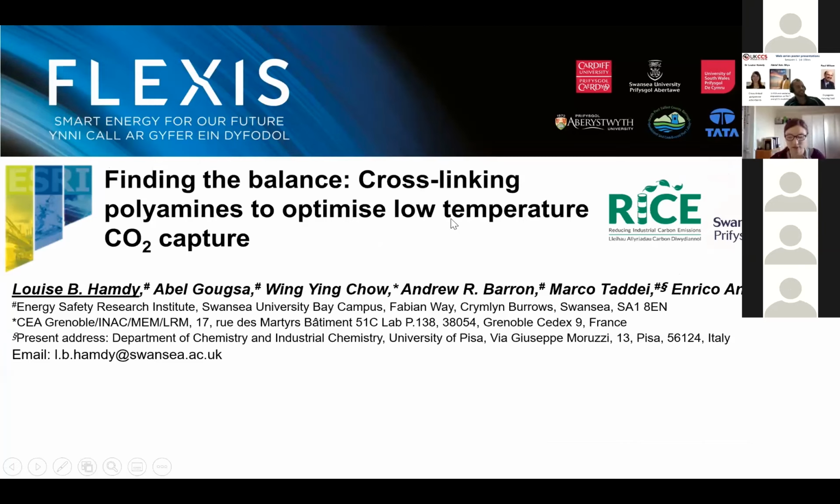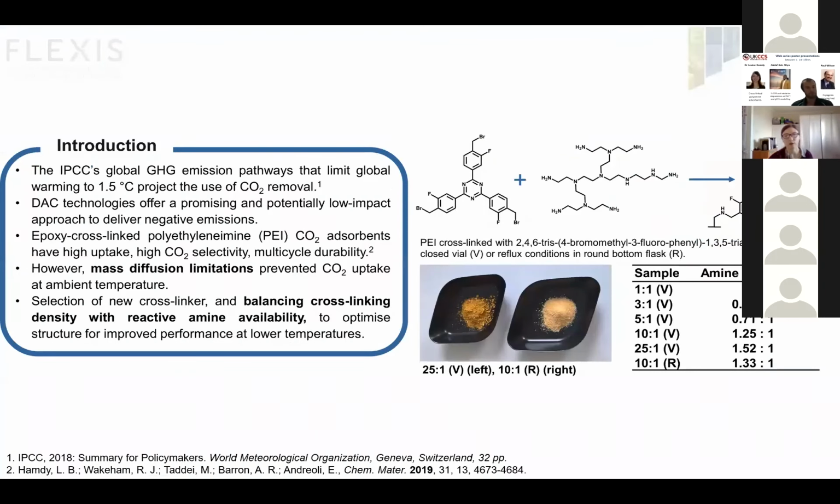Thank you very much, Patrick, for the introduction. So I'm going to be presenting some work that my project students carried out last year and that we've been progressing in the past few months. Our research group is focused on cross-linking polyamines to make solid CO2 adsorbents. Our previous research on epoxy cross-linked polyethyleneamine has resulted in very highly efficient CO2 absorbent materials, and they've been highly selective and have good multi-cycle durability.